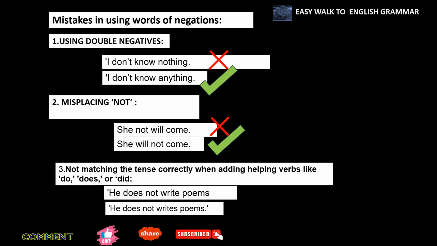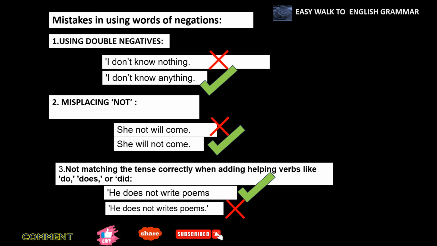The third mistake is not matching the tense correctly when adding helping verbs like do, does, or did. For example, the positive sentence, he writes poems, should be changed to he does not write poems, not he does not writes poems.